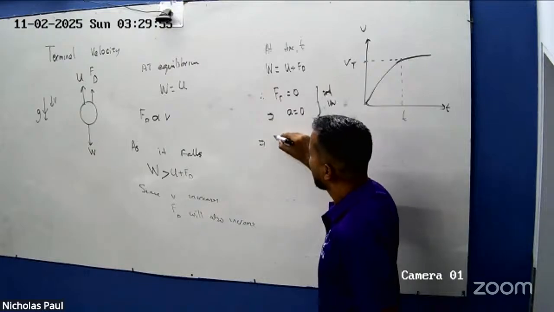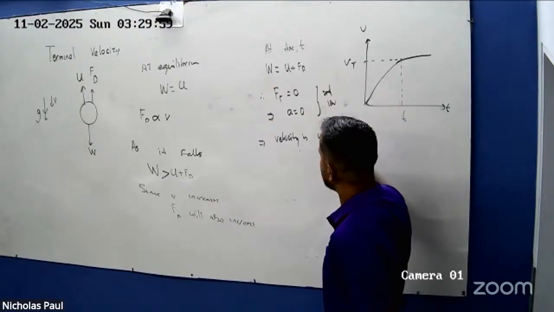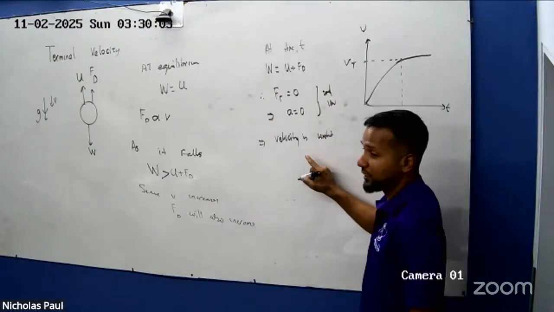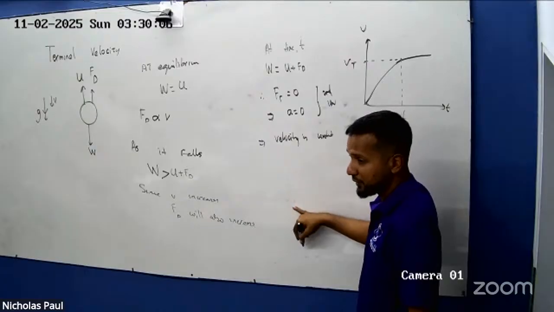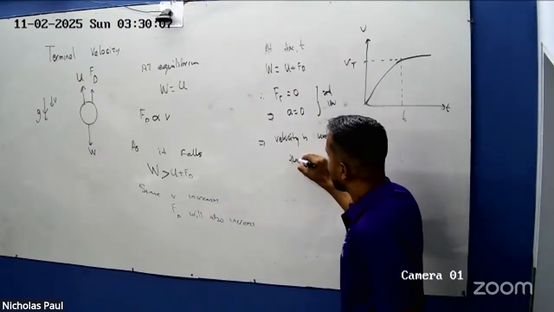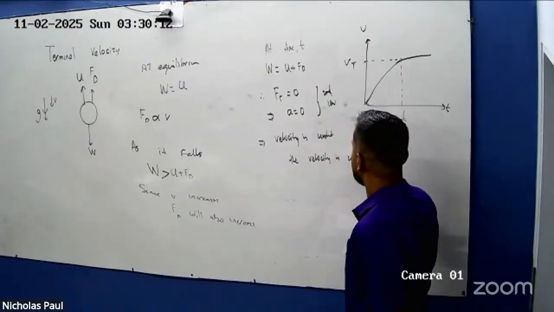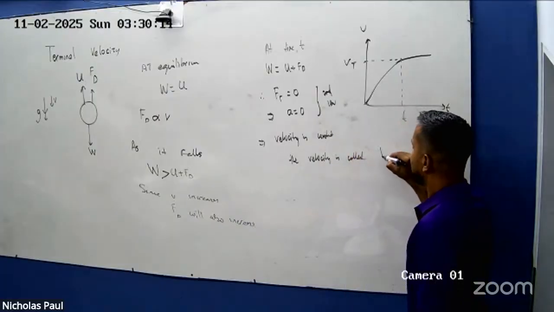This implies that velocity is constant. This velocity is called terminal velocity.